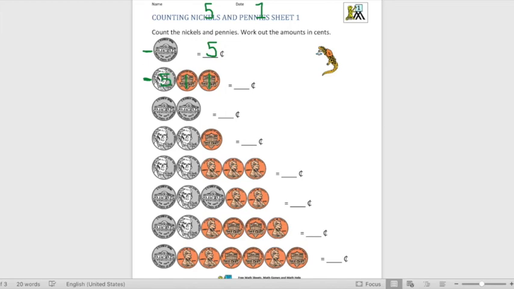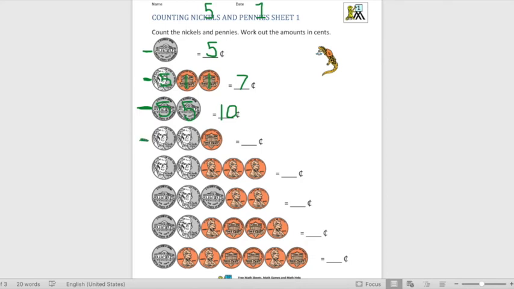So we have 5, 6, 7. 7 cents. Now we're on this line. We have 5 and 5. 5, 10. 10 cents.